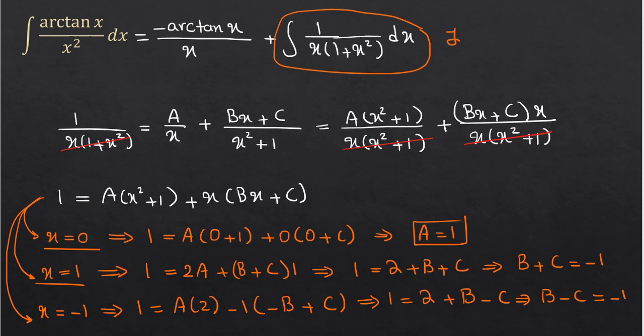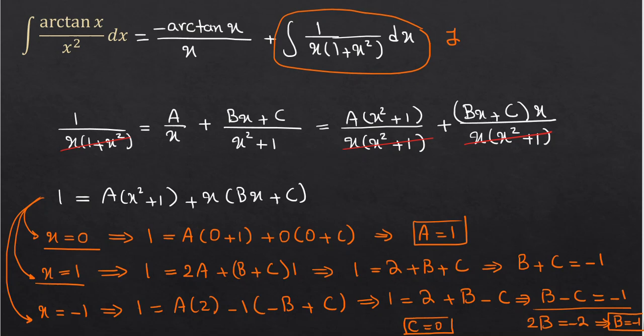If I add these two expressions, I have that 2b is equal to minus 2, which means that b is equal to minus 1. And finally, c is equal to 0.